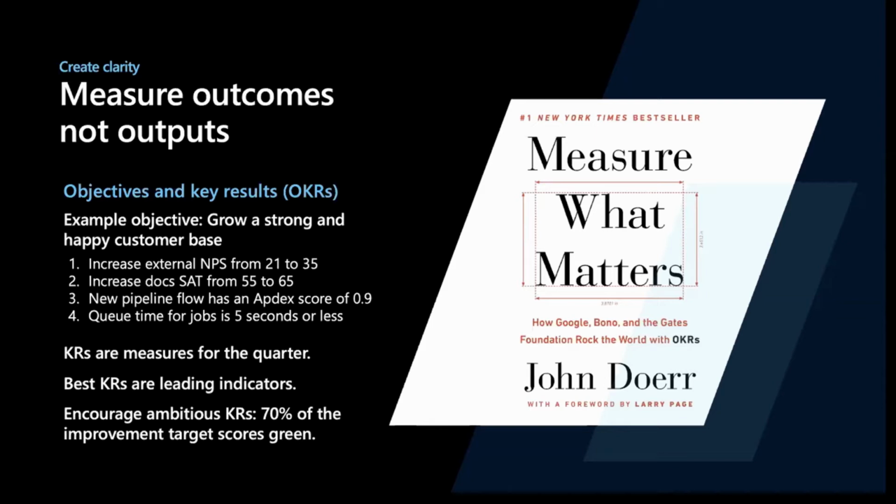So your objective is your vision. So as an example, grow a strong and happy customer base. That is a vision, that is a statement. But your key results then are something measurable as a result of that. So we want to increase our external net promoter score from 21 to 35. We want to increase the satisfaction on our documentation from 55 to 65, for example.